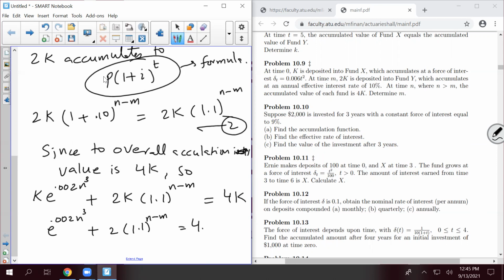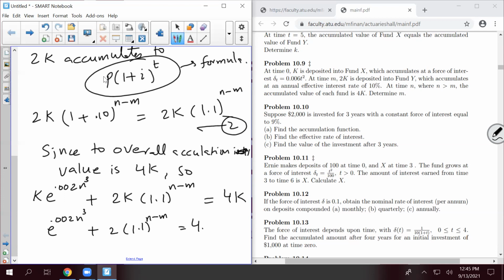See if the answer is in terms of N or not. See, it's not even a calculator question. So all I was saying is look at the answer at the back.